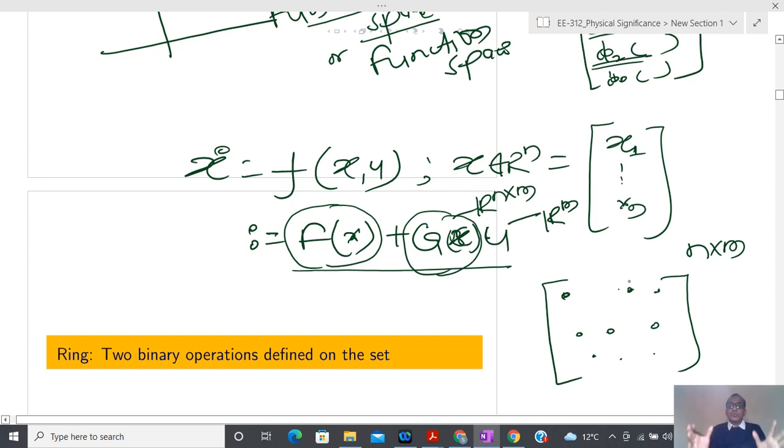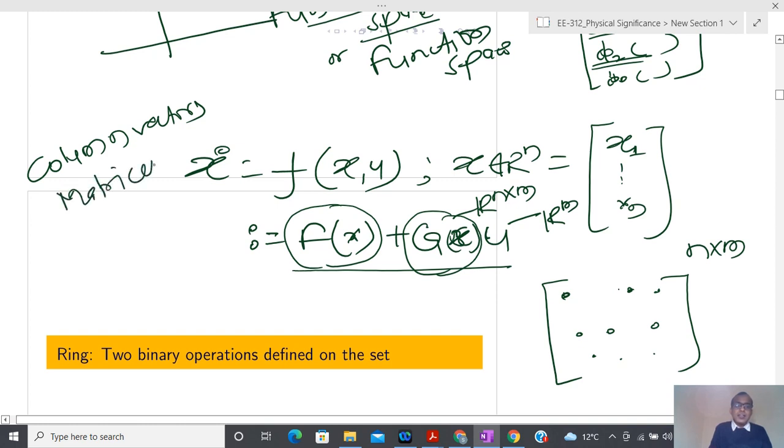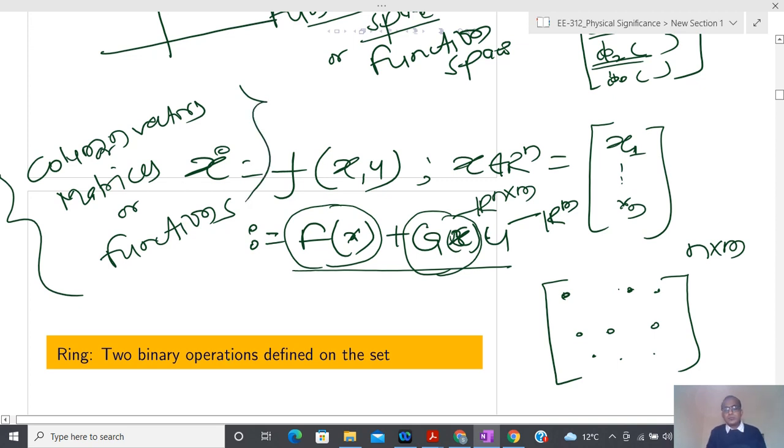It is possible to show that an engineering system is evolving in a space where I can represent the system either with each entry as column vectors, or in the form of matrices, or in the form of functions, or a combination of these three. Anyone has confusion? Then please let me know.